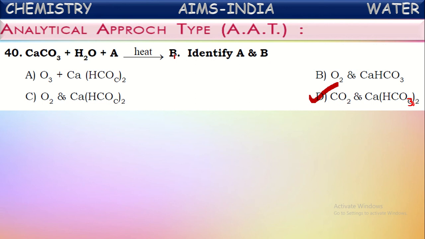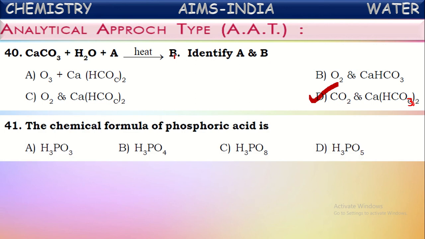Right? Next question. What is the chemical formula of phosphoric acid? It is H3PO4. Where it is? Yeah, here it is. H3PO4 is the formula of phosphoric acid.